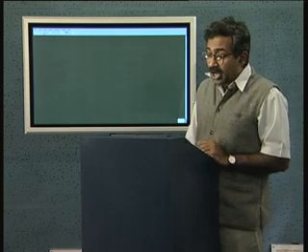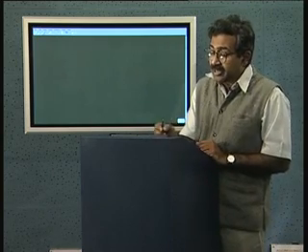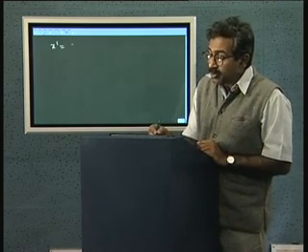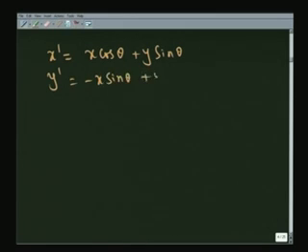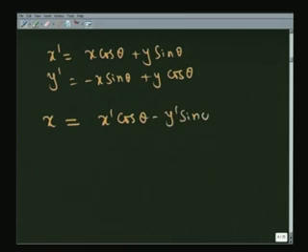That is not difficult at all, because as we saw in the very first lecture, if I write x prime is equal to x cos theta plus y sin theta, and y prime is equal to minus x sin theta plus y cos theta, I know how to write down the inverse transformation, and that is simply obtained as x is equal to x prime cos theta minus y prime sin theta, and y is given by x prime sin theta plus y prime cos theta.